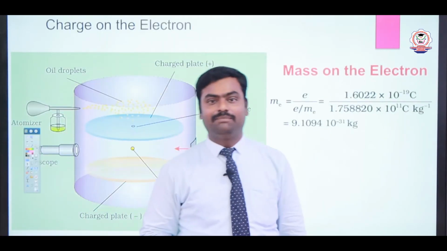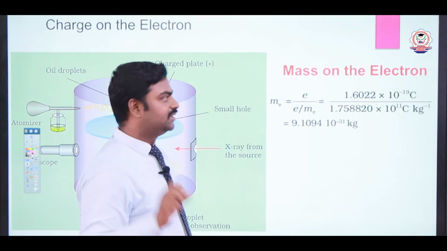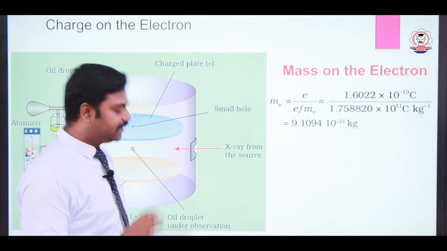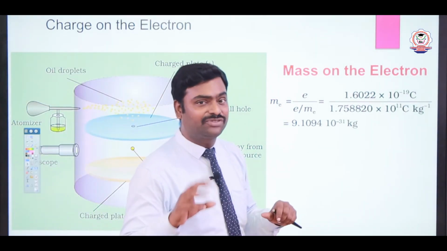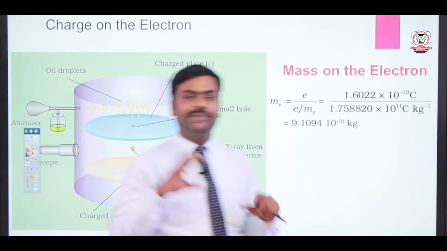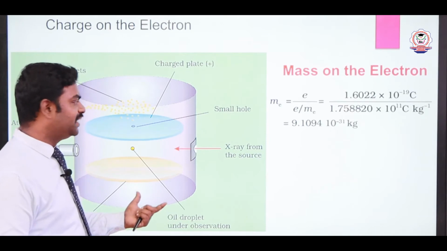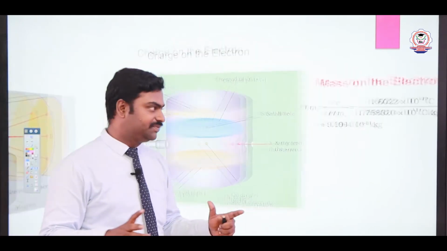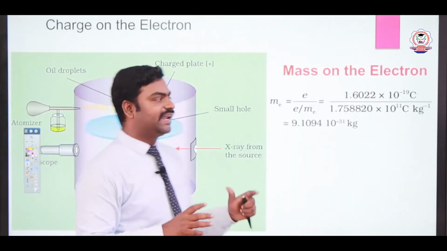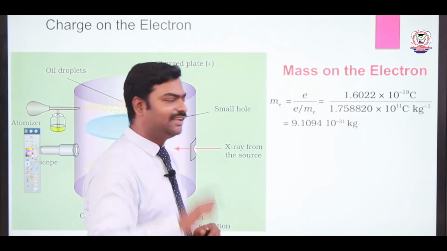The next experiment was done by Millikan. He was a very good scientist. He did an experiment to identify the charge of the electron. This is known as the oil drop experiment. From this experiment, he could identify the charge of a single electron.